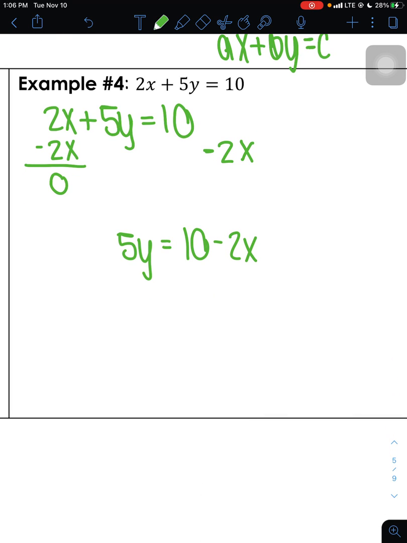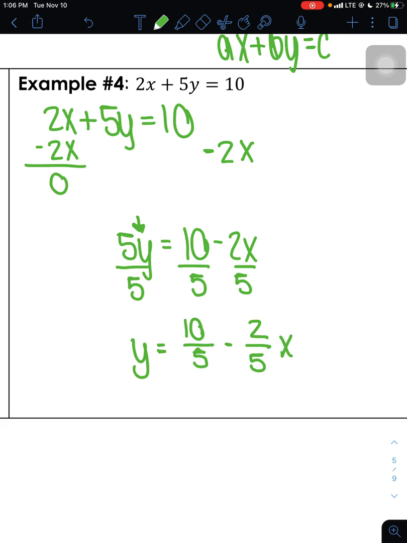And now I'm going to divide by 5 again, like I did on the example above, because I see 5 is being multiplied by y, and I want to get y by itself. So I need to undo that multiplication by division. So I have y equals 10 over 5 minus 2/5 x.